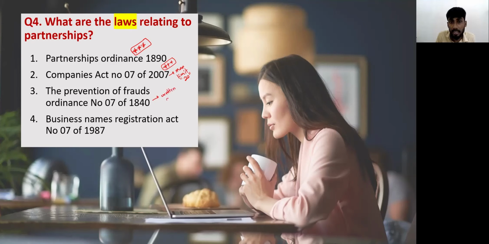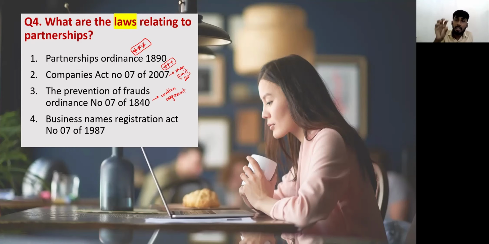Then the Business Names Registration Act, number 7 of 1987. We require that for what purpose? If the partners are doing their business in the name of the partners, that means the business name is the name of all the partners, then that name need not be registered.